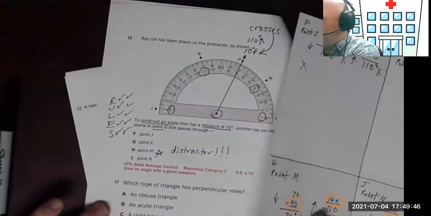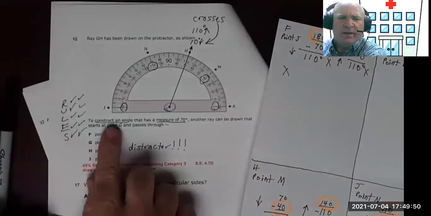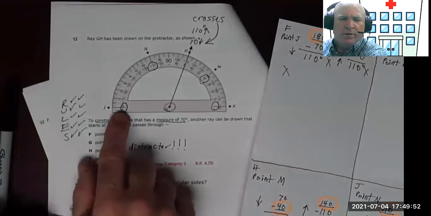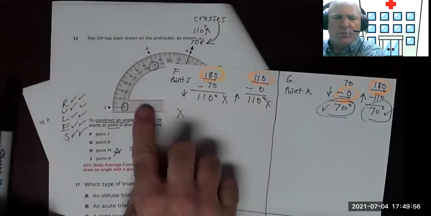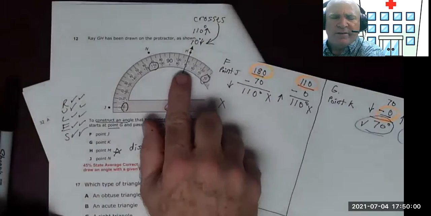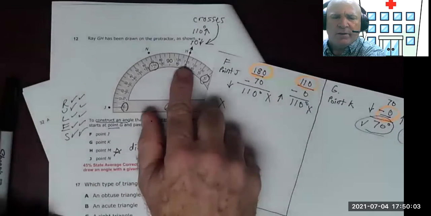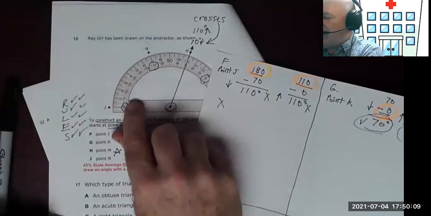Why did we do that? Because it said point J, and so our first number on the bottom was 180 minus the 70 that it passed through, which was 110. And if you remember, a right angle is 90 degrees.